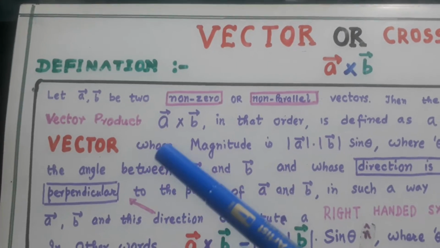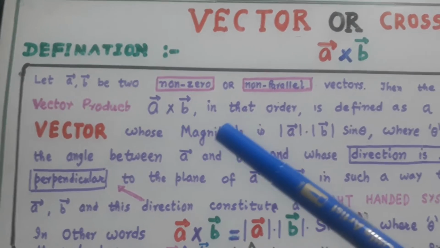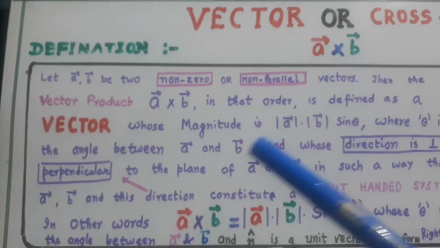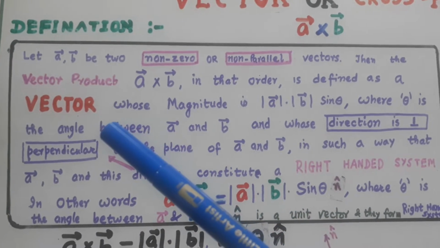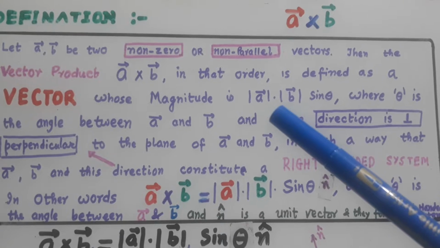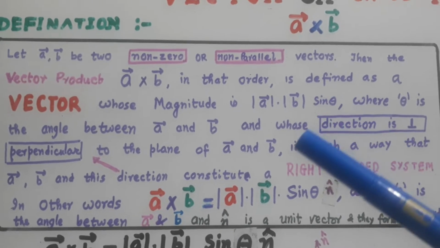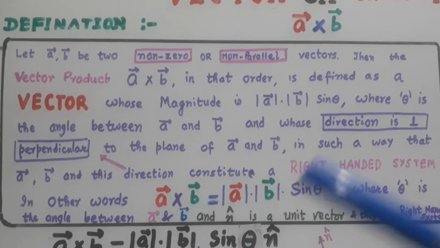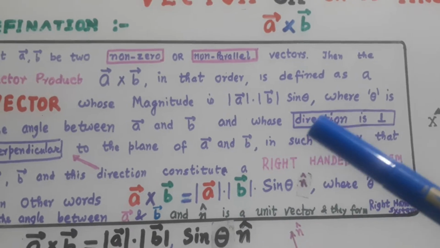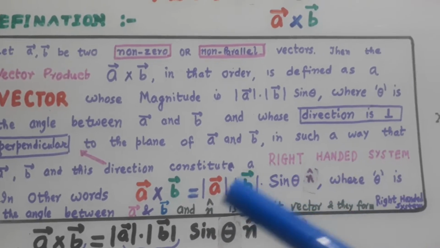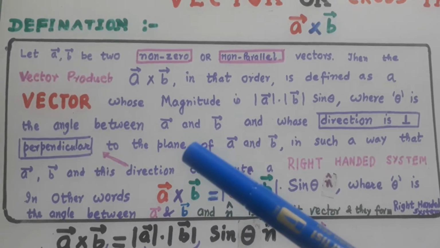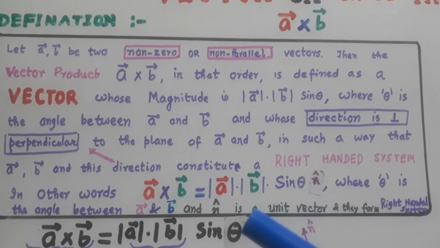Then the vector product A cross B in that order is defined as a vector whose magnitude is AB sine theta, where theta is the angle between A and B and whose direction is perpendicular to the plane of A and B.